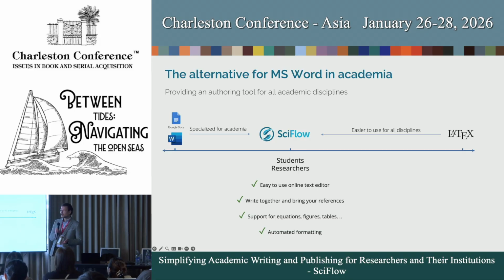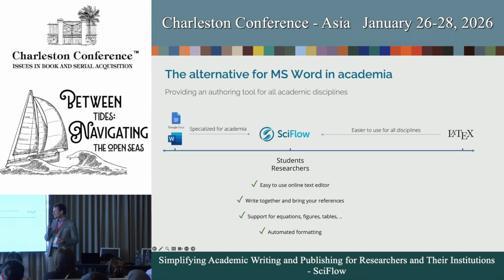A question we often get is, is SciFlow a competitor to LaTeX, for example? And we would say SciFlow is actually an alternative to Microsoft Word and Google Docs, because it's a tool that is easy to use, like the interface in Word, everyone can use it without training. But SciFlow is really designed for academia.